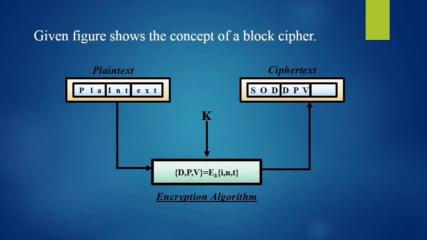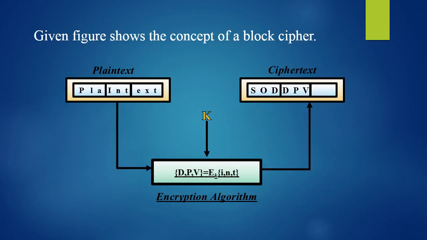The given figure shows the concept of a block cipher. We have a plain text, key K, and encryption algorithm E. First, the plain text is divided into blocks. Here M is equal to 3, so the whole text is divided into blocks of size 3.